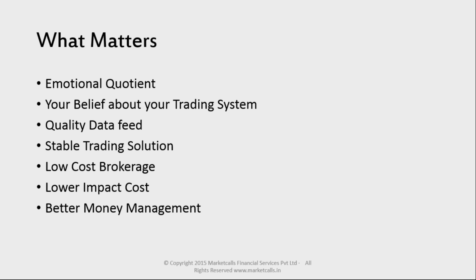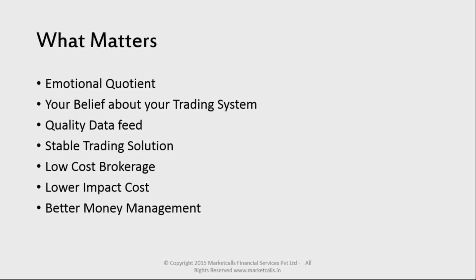So what matters here when it comes to system trading is that you need to have a very good emotional quotient. Emotional quotient is how you react emotionally. If you are reacting emotionally to your trading system, then again you're done. Emotional quotient comes when you are able to understand the nature of your trading system, right?